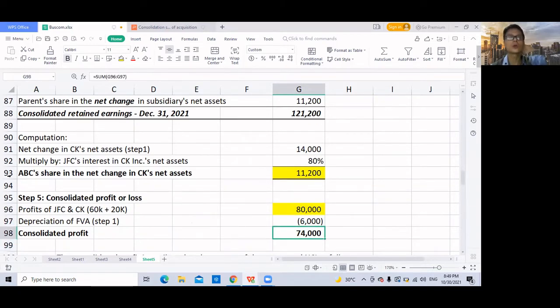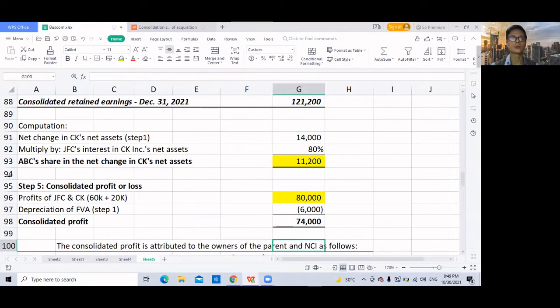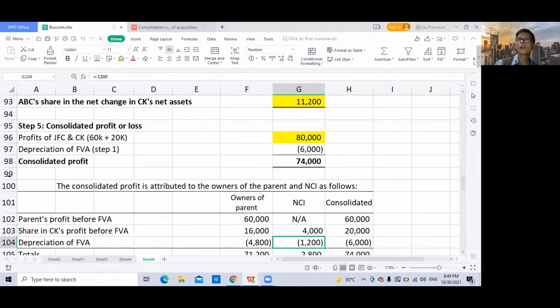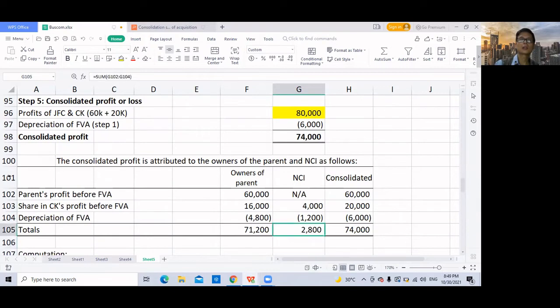Now we're ready to proceed with the consolidated statement. So here we can see the consolidated profit is attributed to the owners of the parent and the NCI as follows.